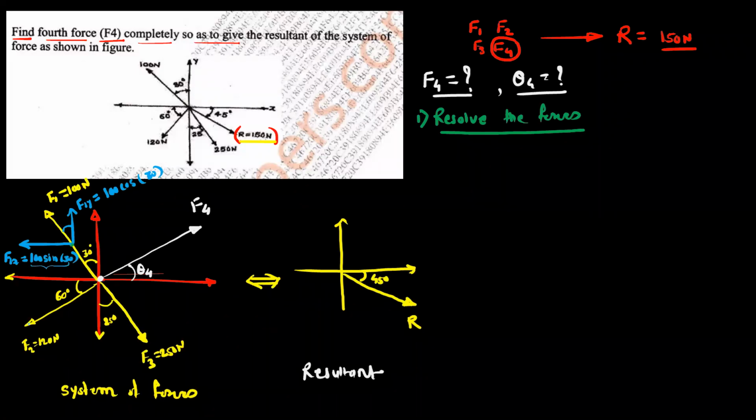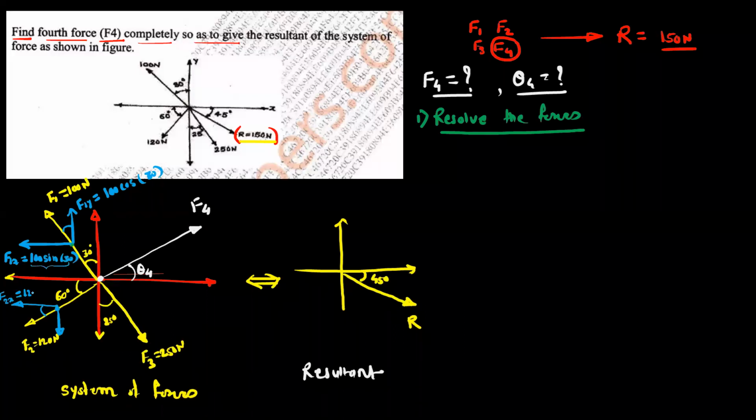Similarly, resolve F2. This is the X component and this is the Y component. Here the angle of 60 degrees for F2 is with respect to the x-axis. So this is F2x, the adjacent component, so it will be the cos component.